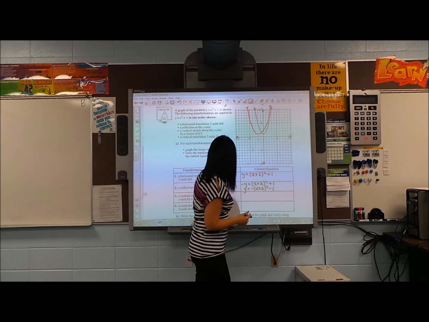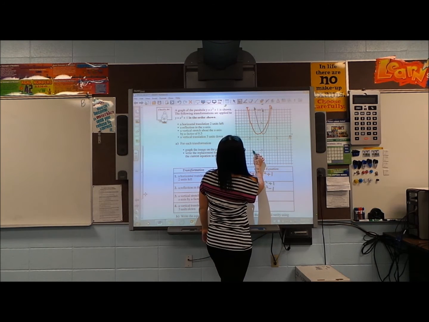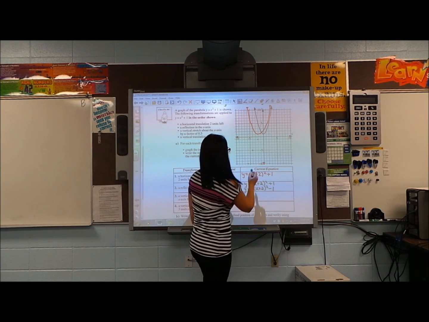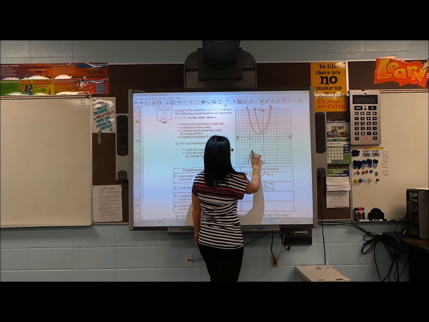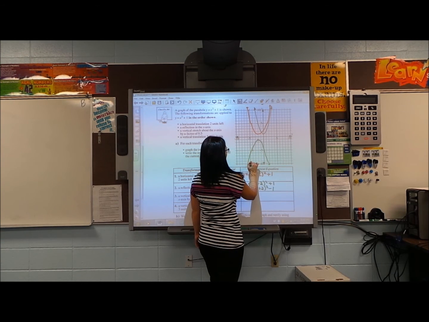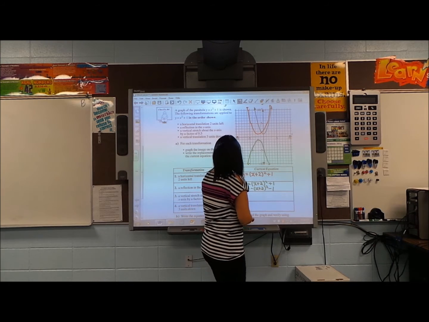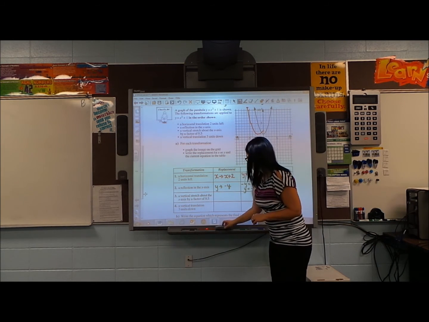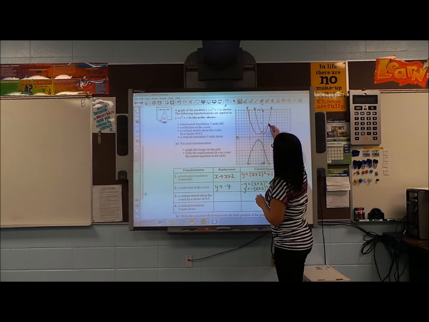This point here is wrong. There we go. I think I have this top picture. Let me fix that. This had to move 2 units to the left.